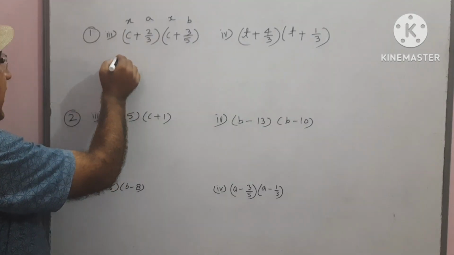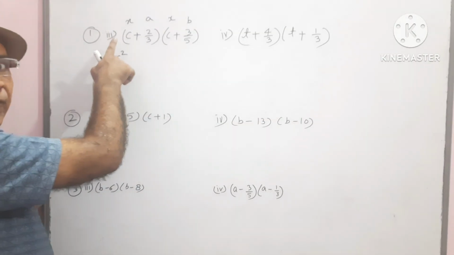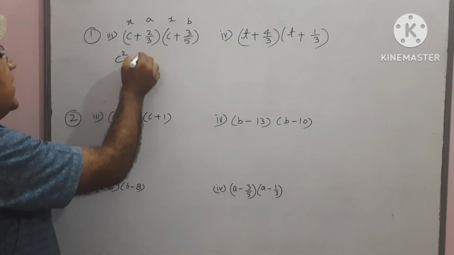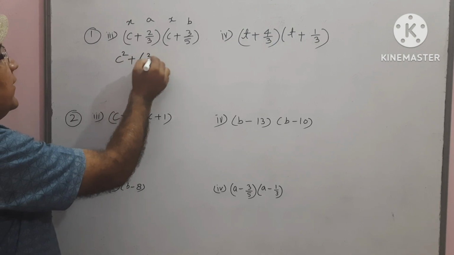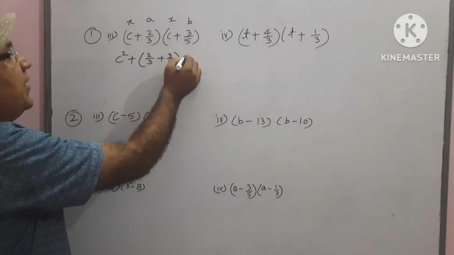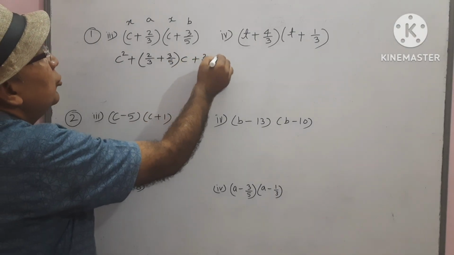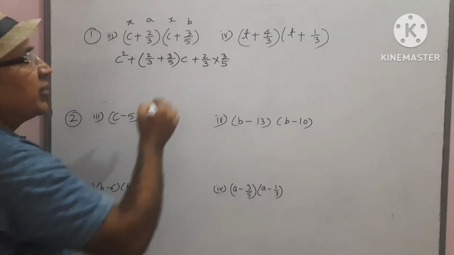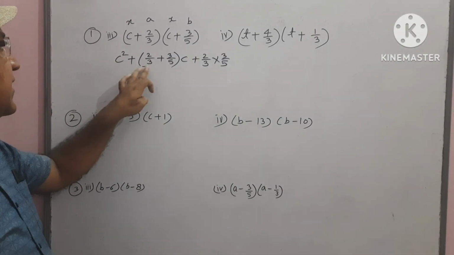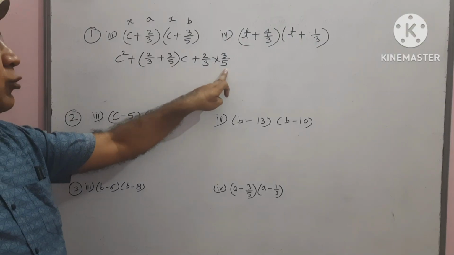So according to the identity, x², that means the square of the first term, here it will be c², plus (a + b), 2/3 + 3/5, into c, plus 2/3 into 3/5. The identity is x² + (a + b)x + ab.